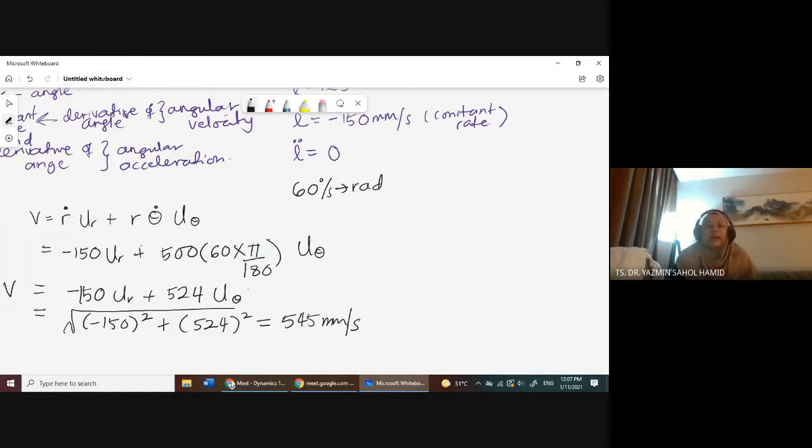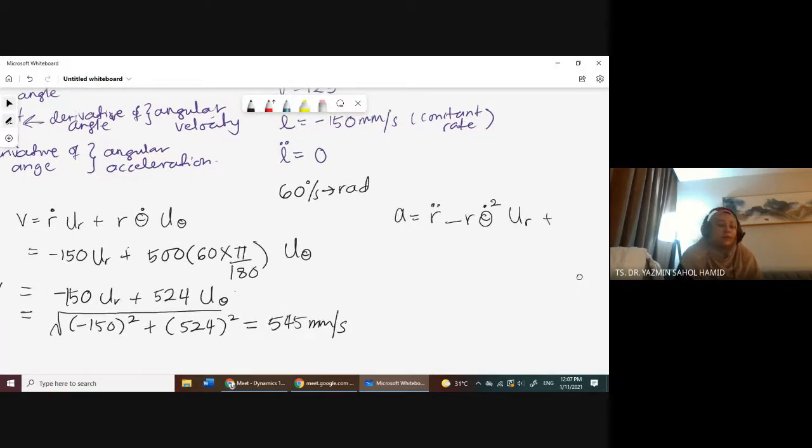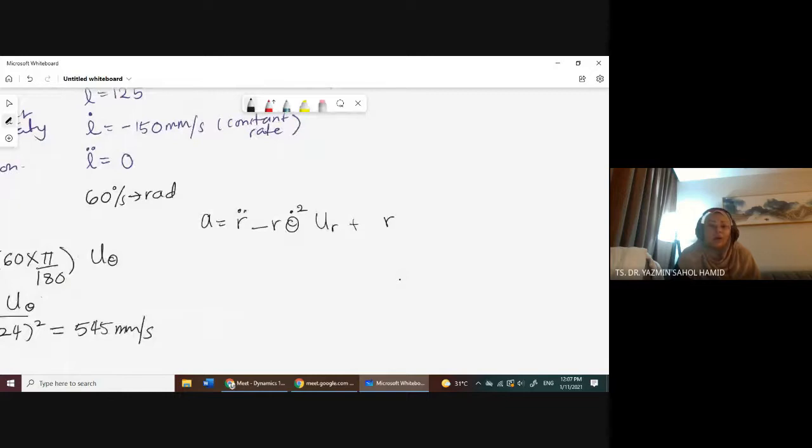Next is acceleration. What is the formula? Acceleration is R double dot minus R theta dot squared, and then UR plus R theta double dot plus 2R dot theta dot U theta. Okay, is that correct, the formula? Can you please check for me?